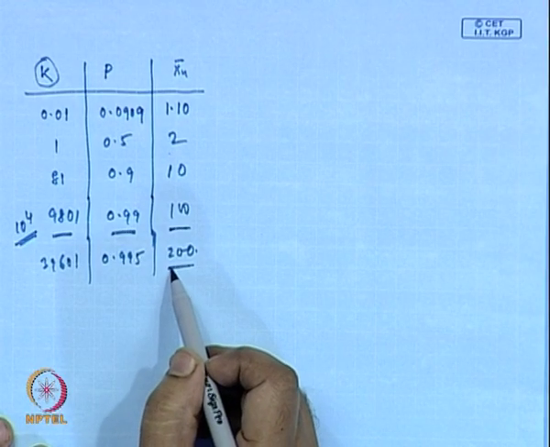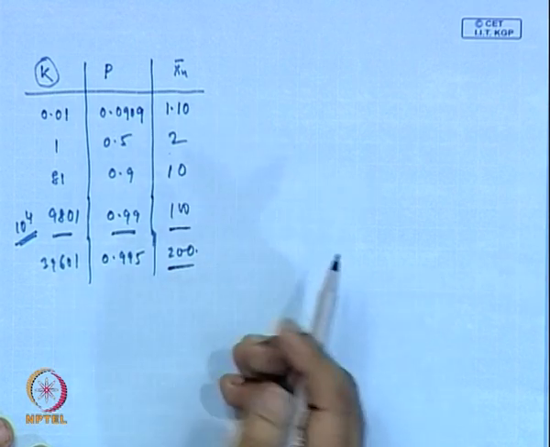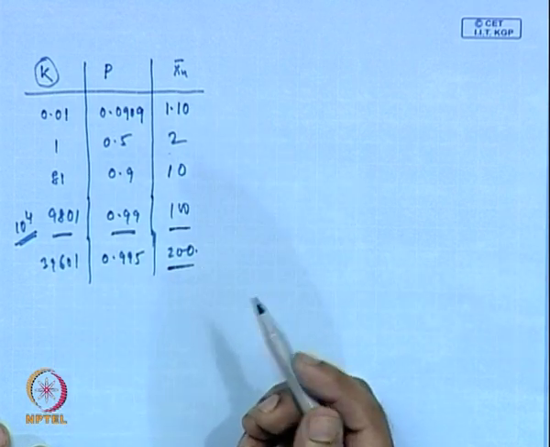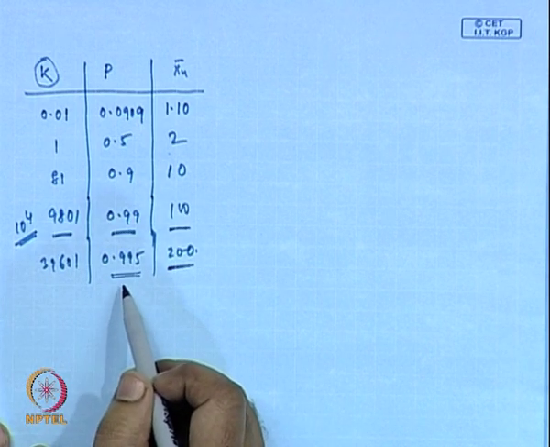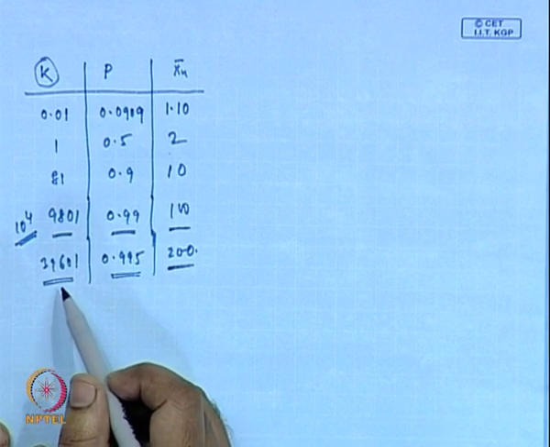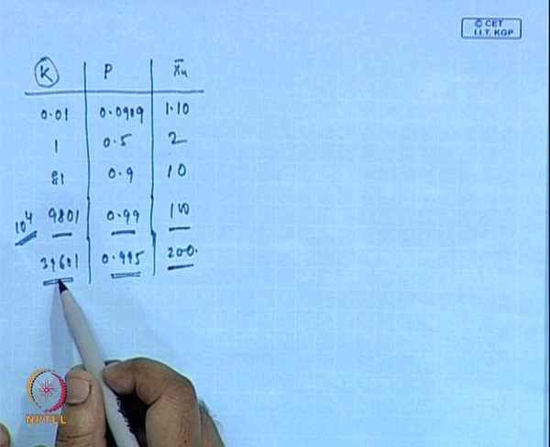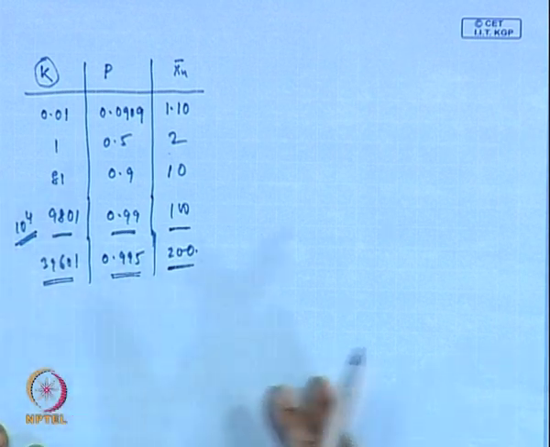And for a degree of polymerization of 200, which is probably the number we look for when we make a high molecular weight polymer, the equilibrium conversion has to be 0.995, which means the value of K is of the order of 10 to the power 5. That means your reaction has to be very much towards the product side, reactivity has to be very high, which is seldom the case.